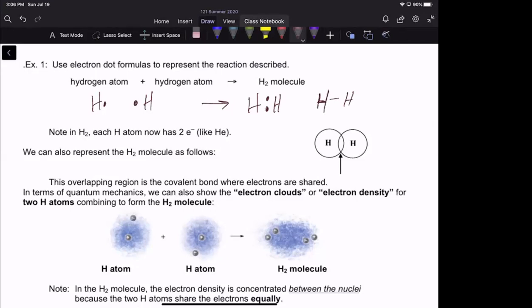Now we might think about this as those 2 spherical orbitals coming together and think about that increased overlapping between them, which is a good model. That's a good way to think about it. But there's actually more than that. The electron density actually changes shape, and it is increased in between the nuclei.